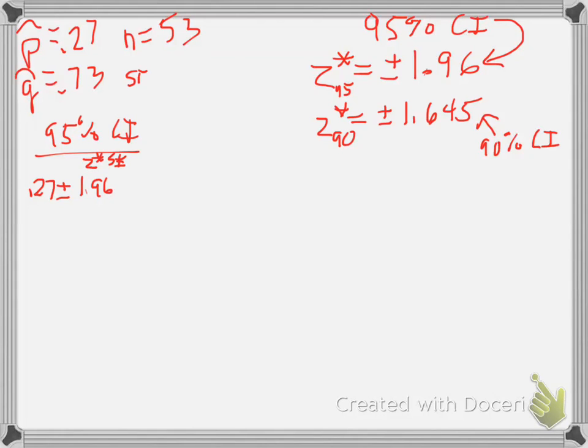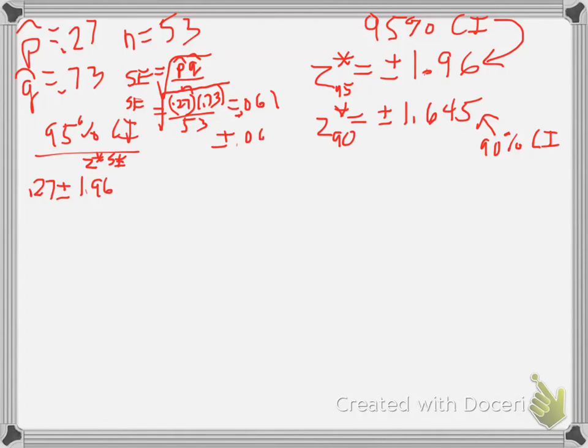So remember, the standard error is the square root of the sample success times the sample failure divided by n, which is 0.27 times 0.73 divided by 53. And we're going to take the square root, and our standard error is 0.061. So about 6%, plus or minus 0.061.